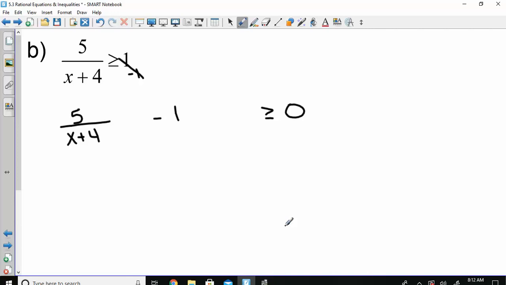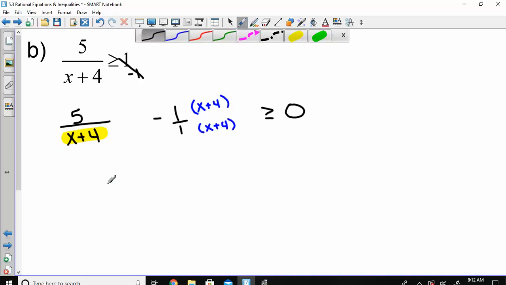Yeah, we have to get the same thing on the bottom, right? The common denominator. This is like a 1 over 1. If I want to make my denominator match, it needs to be x plus 4. So I'm just going to take this times x plus 4 on the top and the bottom. Just that one piece.